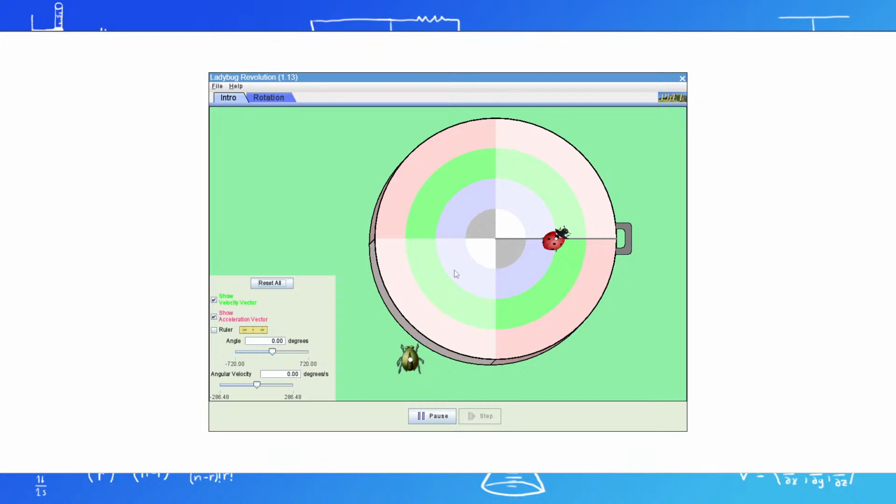And I am going to just put, let's see, we've got a ladybug and we've got a beetle. And I'm going to move the ladybug a little bit closer, like over here, and have the beetle more to the edge. And I'm going to show their velocity vector. I don't want to show their acceleration.